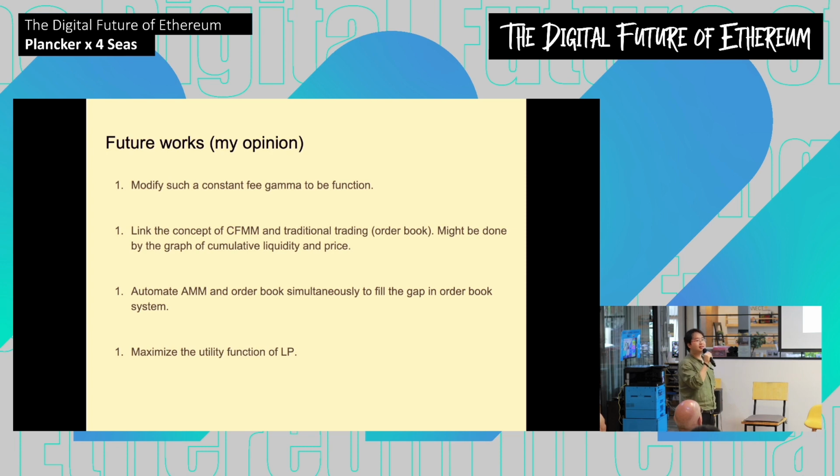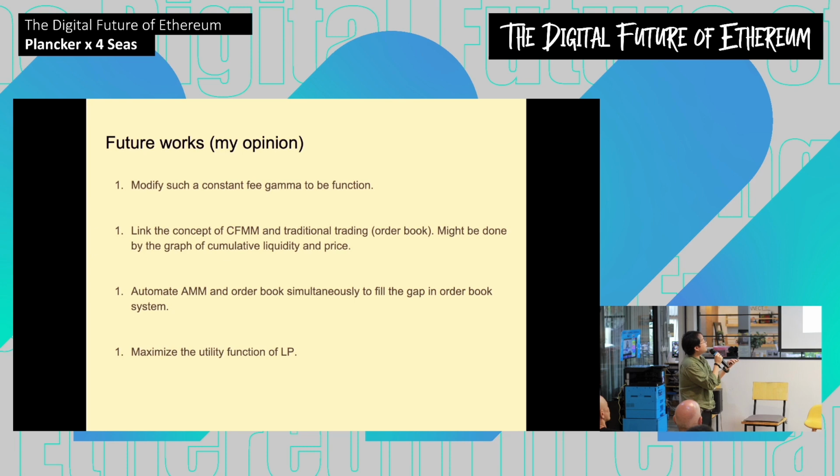Okay, and this is my opinion. So what is going to happen with the mathematicians and the AMM? The first one, I think they're going to modify such a constant fee gamma to be a function. I mean, right now, when we pay the fee to the liquidity provider, it says 0.3%, 1%, 0.5%, and it's fixed based on the pool.